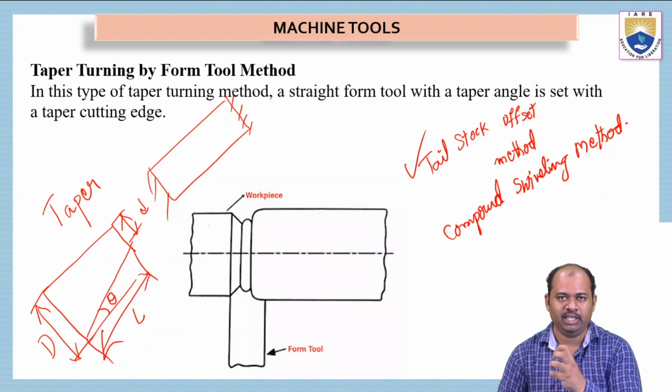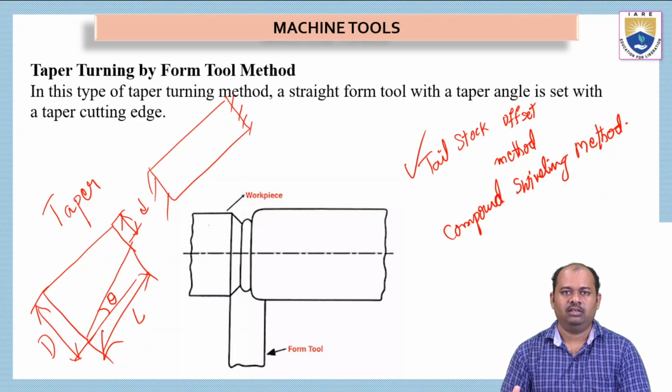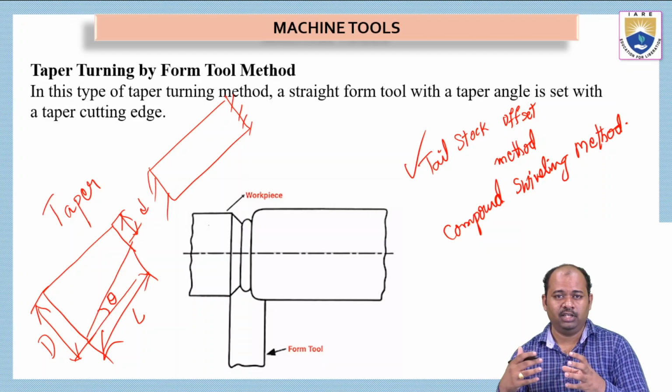We have to keep a ball arrangement in the tailstock by which we can keep the tailstock offset with the center line of the workpiece. The tailstock offset method itself indicates the tailstock center has to be kept offset with the center line of the workpiece which is rotating.